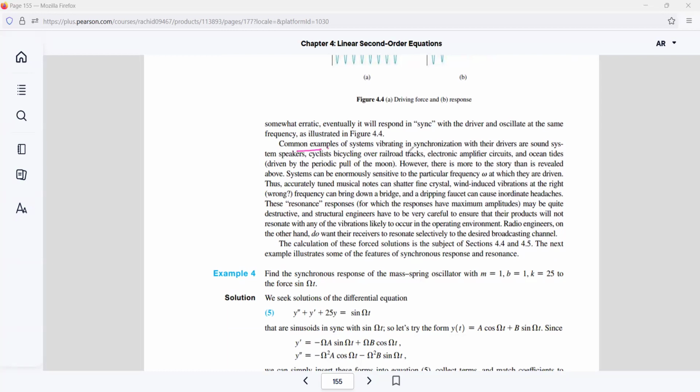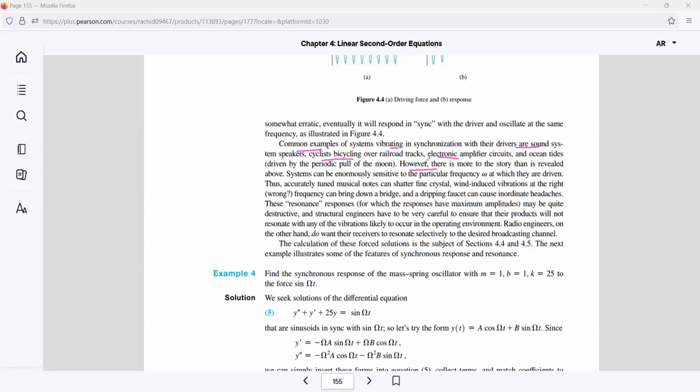You have common examples of systems vibrating in sync, where if a force is applied to a system, the system is going to start to vibrate and probably reach that frequency, and it will be in sync, and I'll explain that a little more later. But for now, these are examples you're familiar with.